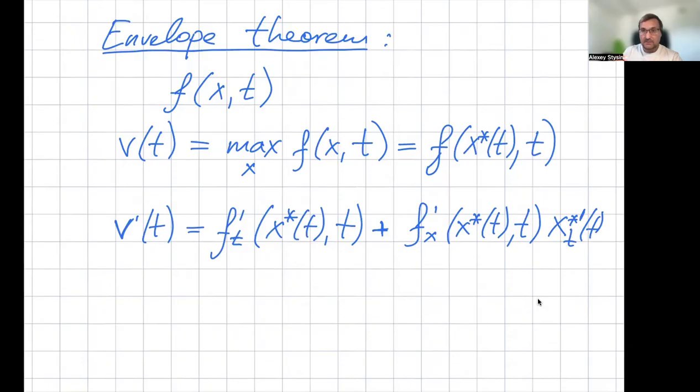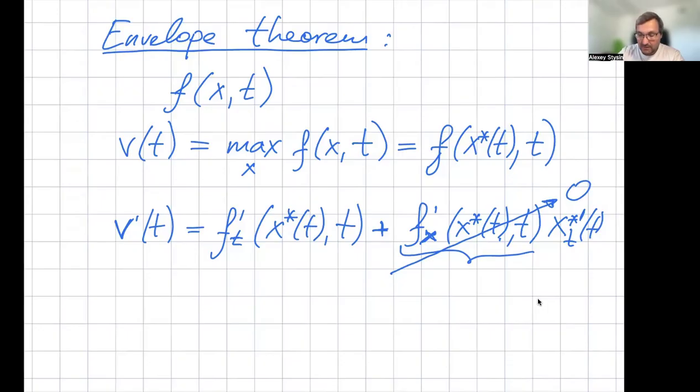And what essentially the envelope theorem says is that we can really discard this part. Because when we are optimizing with respect to x, in the simplest case we are going to just set the derivative of f with respect to x to 0. This is the condition for the maximum, and this is the reason that this term vanishes.